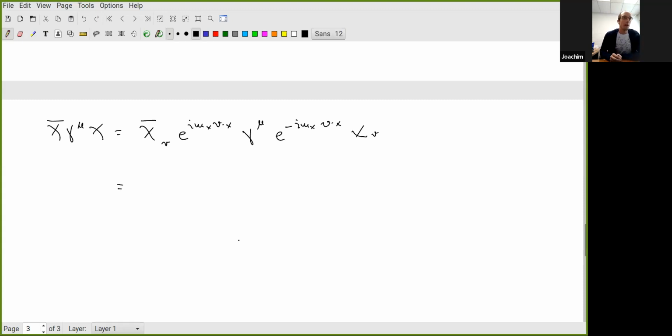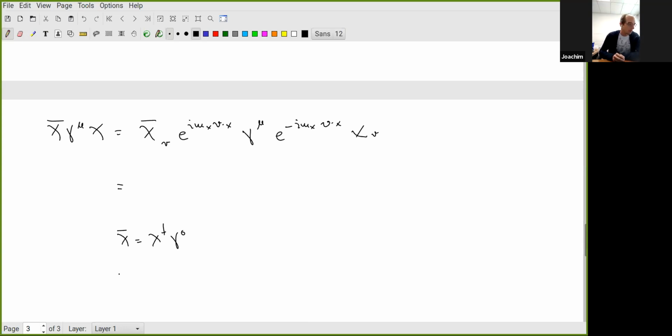Okay, and in order to calculate this, remember that this chi bar is chi dagger and then gamma 0, and this chi bar had a projector inside, this 1 plus v slash over 2.